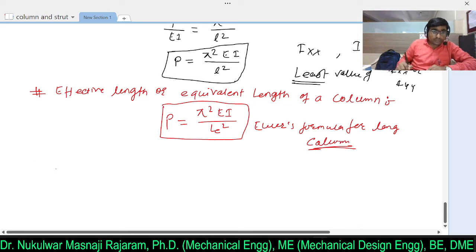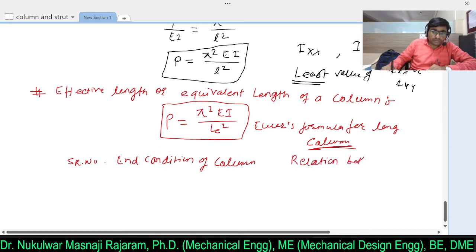Simple. Now if I consider the different end conditions of a column, here I will write the relation between effective length and actual length.